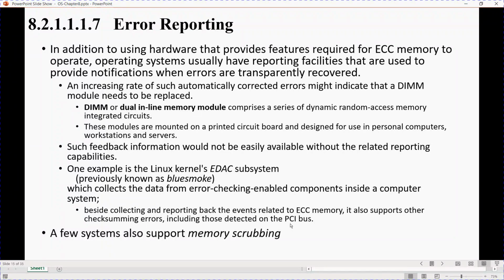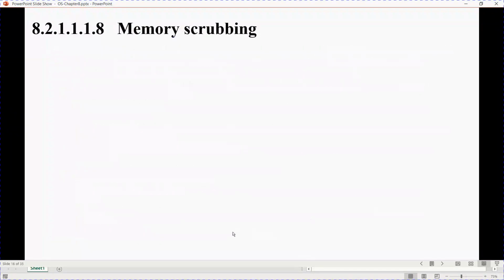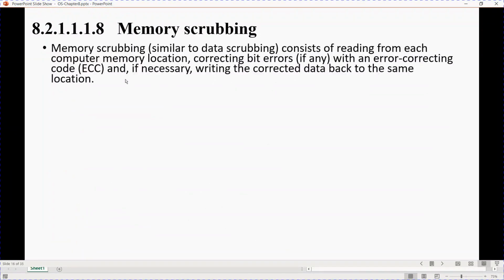There are a few systems that also support memory scrubbing. Memory scrubbing consists of reading through computer memory, word by word, identifying and correcting any errors that it finds.